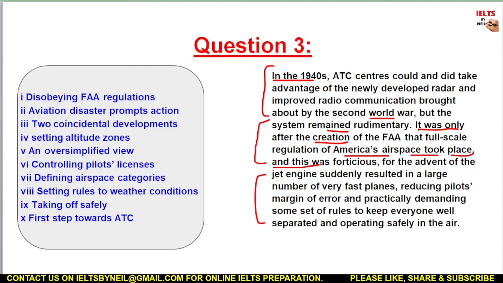Now move on: and this was fortuitous. The meaning of fortuitous is something like coincidental. So, this was fortuitous means this was coincidental.